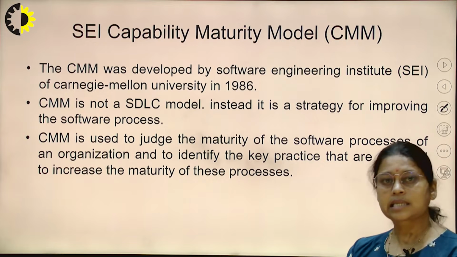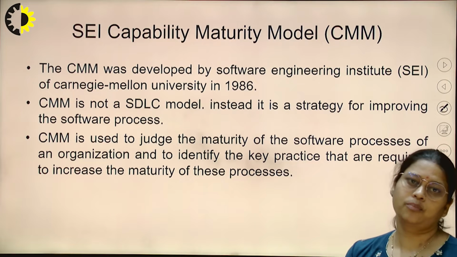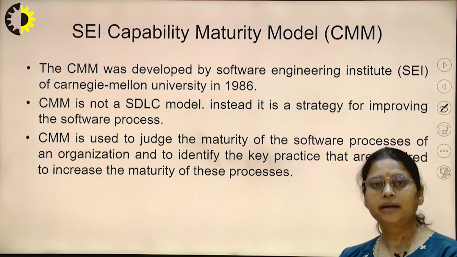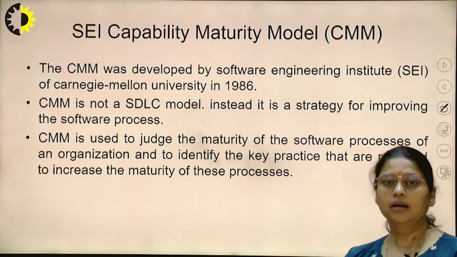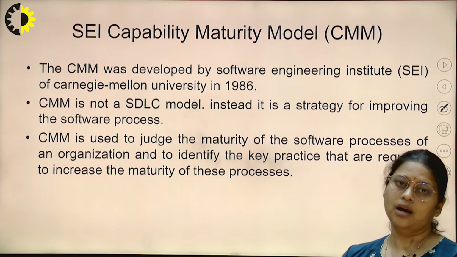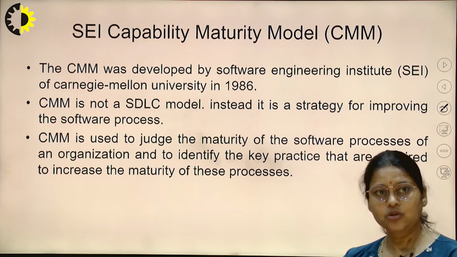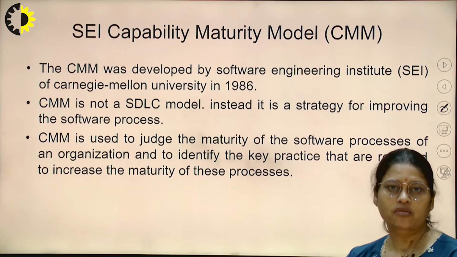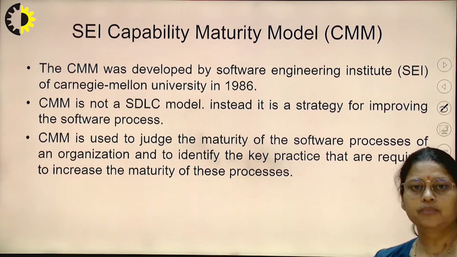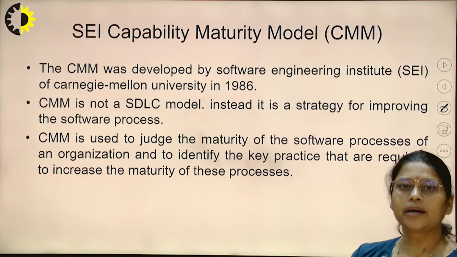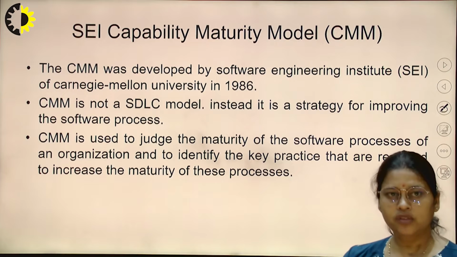It is a strategy for improving the software process, a process of checking the quality, or checking the maturity of the process followed by the company. CMM is used to judge the maturity of the software process of an organization and to identify the key practices required to increase the maturity of these processes.